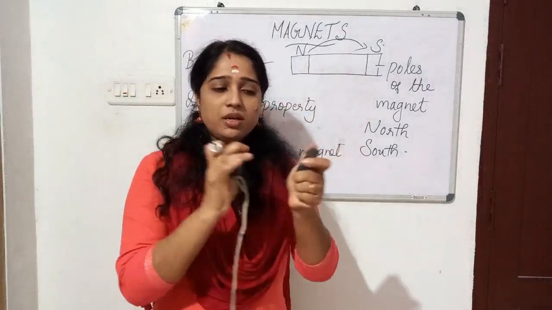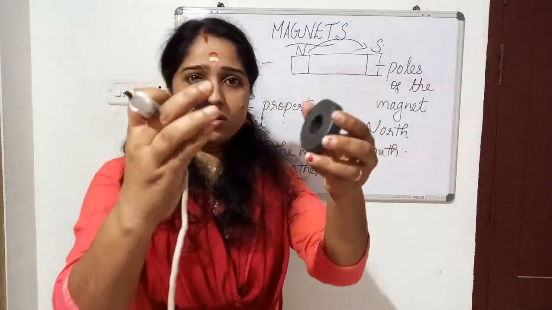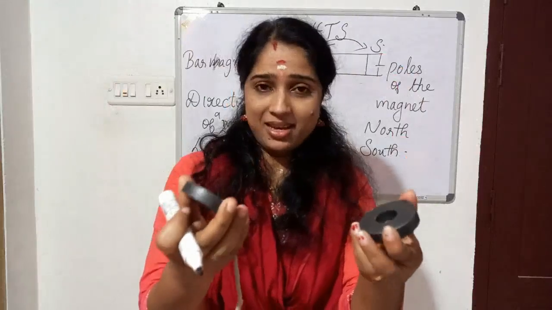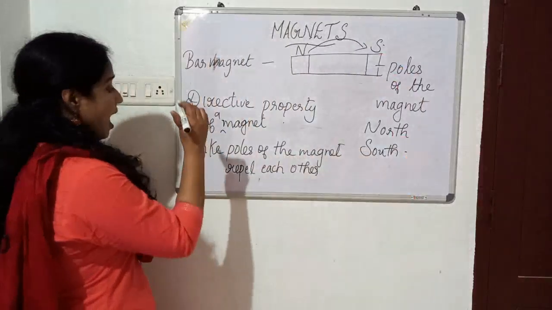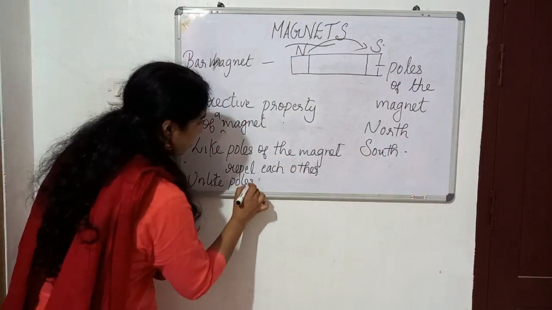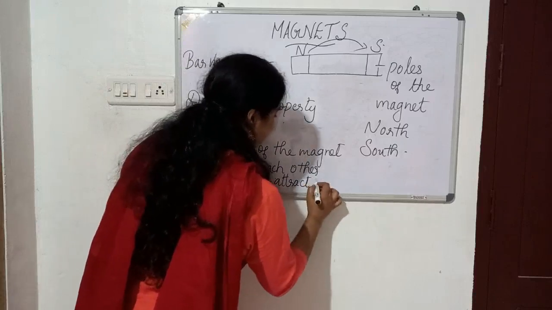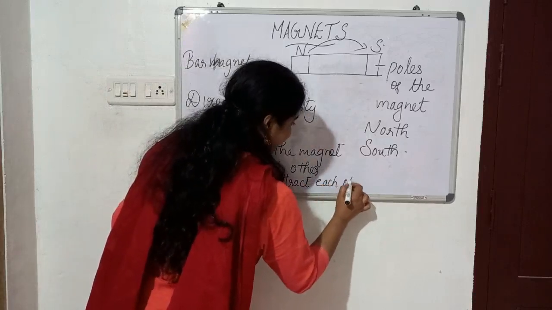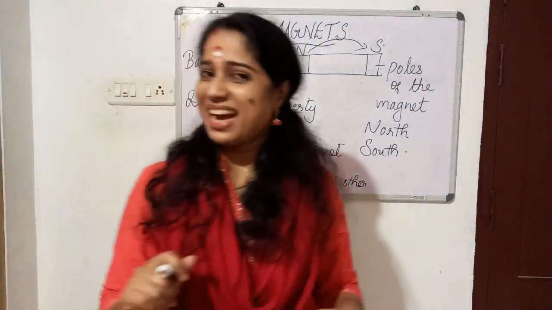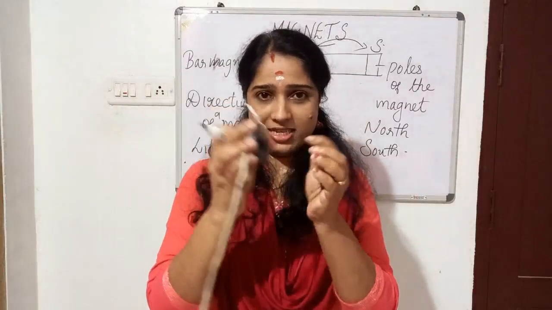If these two are the same pole, that's the reason they are not attracting each other. They are repelling. But unlike poles, you know what unlike is? Both should be different. Unlike poles attract each other. Unlike poles means one north and one south.